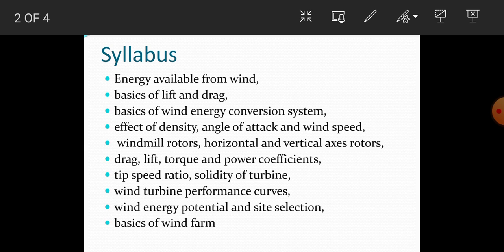Wind results primarily by unequal heating of Earth's surface by the sun. About 2% of the total solar flux that reaches the Earth's surface is transferred into wind energy.